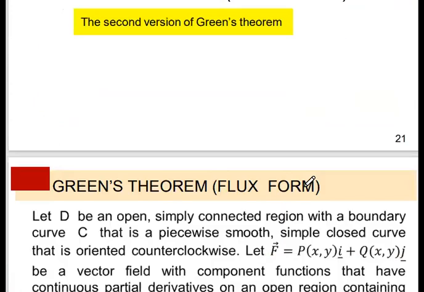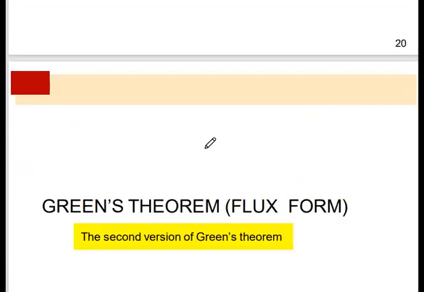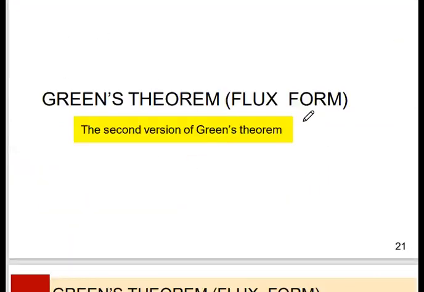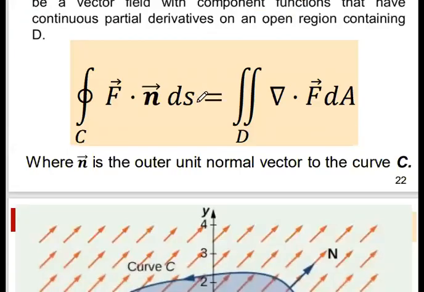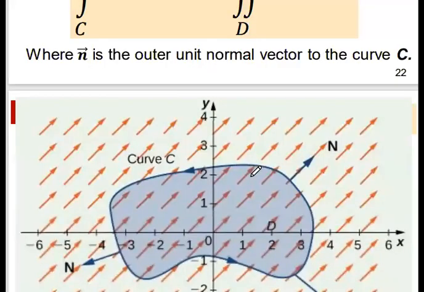And this is the next version. Here we measure the tendency for the vector field to be aligned with the normal vector to the curve, or you compute the flux across the boundary.